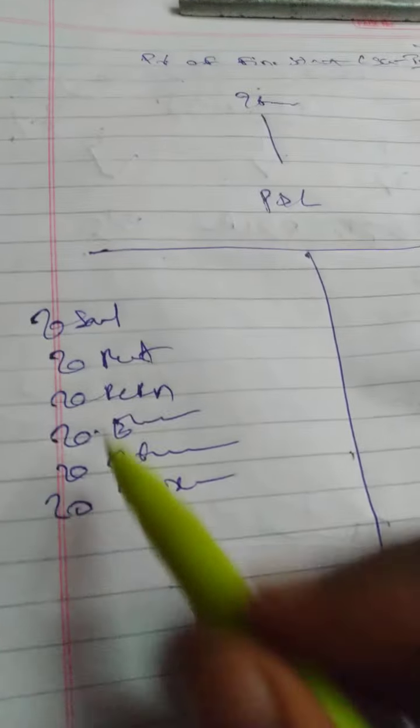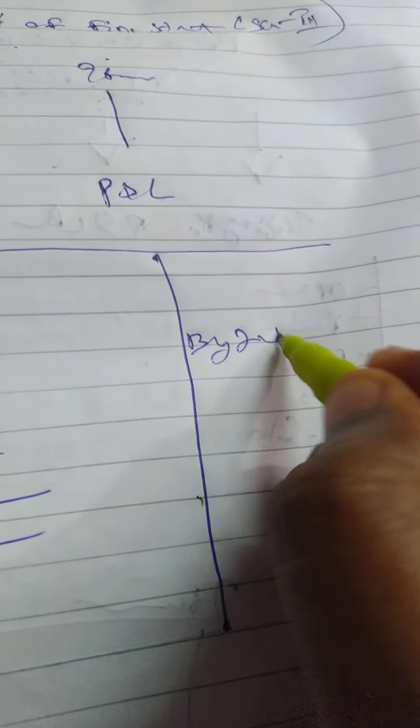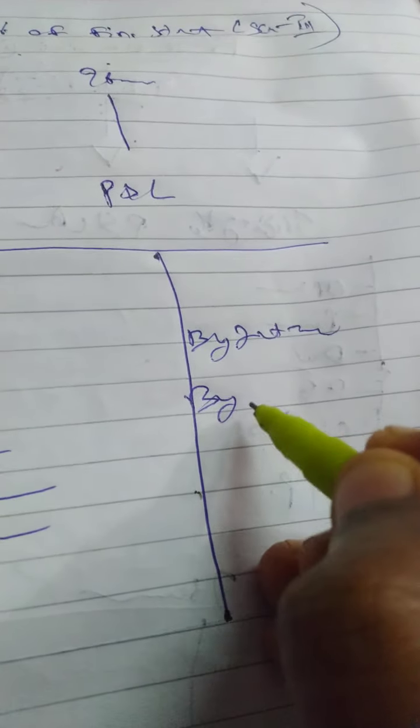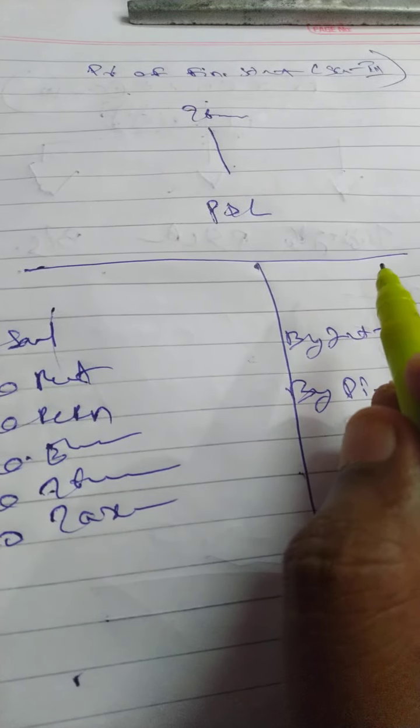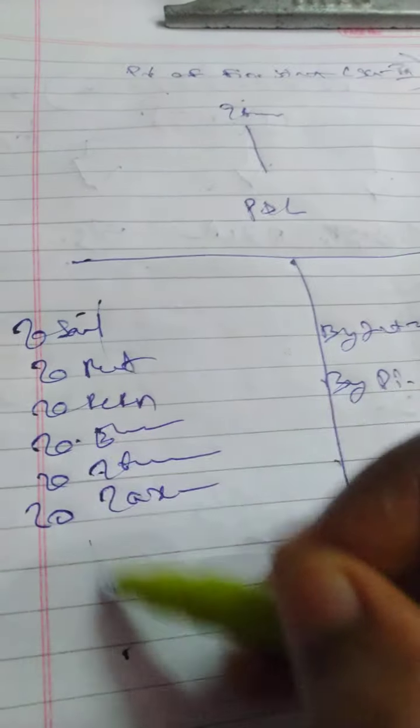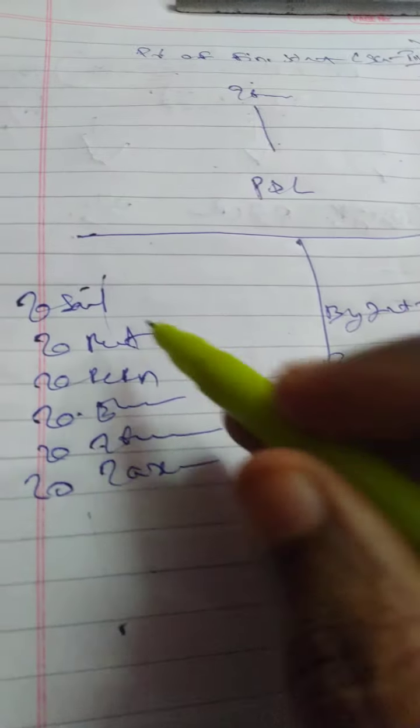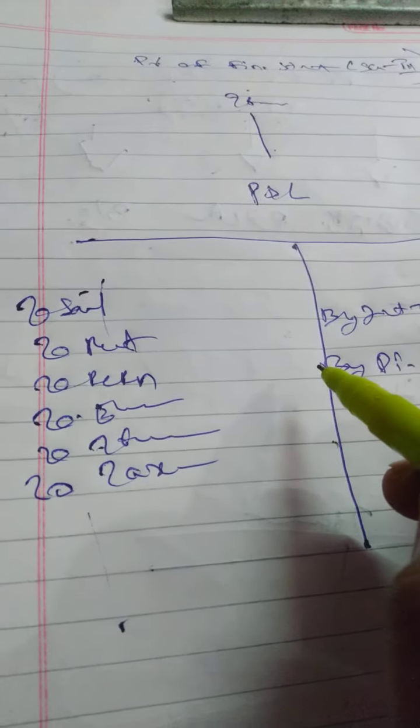Whatever manner we wanted, we would write the expenses. Here also, by interest income, by dividend income, like that we would write in our P&L account. There is no proper procedure to write the items in our school days or even in college days, correct?